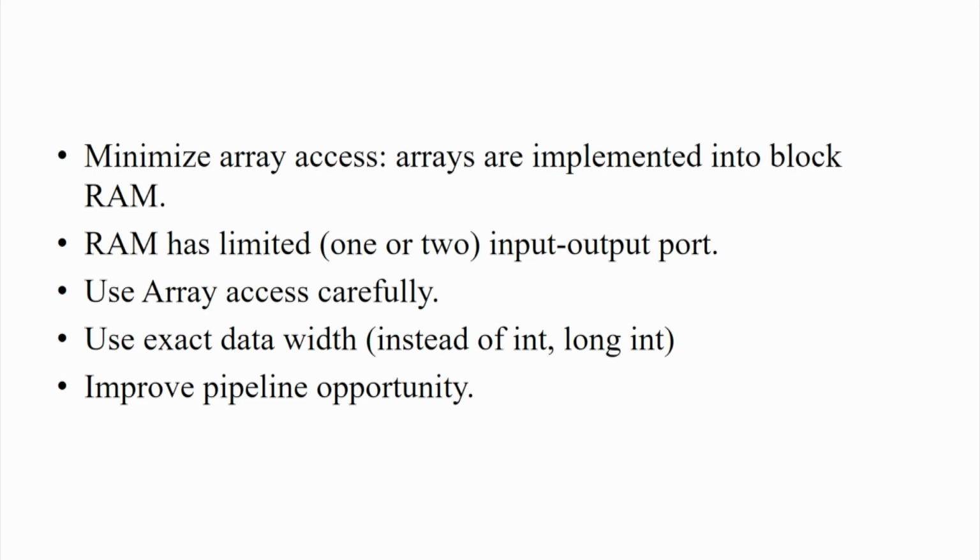So, you try to reuse array accesses; you should not read the same element multiple times, you try to save it locally and then use it, right. And for loops, you try to use pipelining as much as possible, because if you unroll everything, it will create a huge hardware which is not efficient, and sometimes not feasible at all, right. So, you should always try to create opportunities so that your loop can be pipelined, because that will give you the minimum resource usage and acceptable speed.